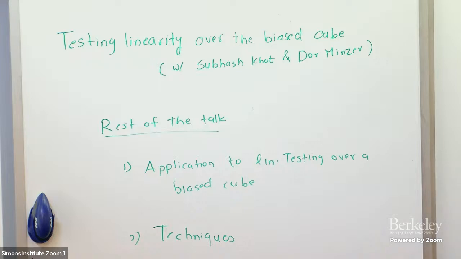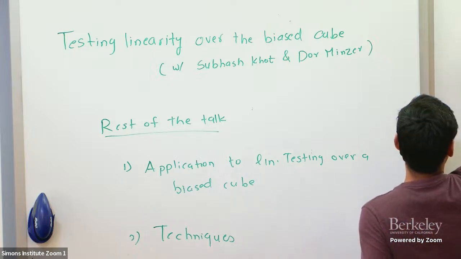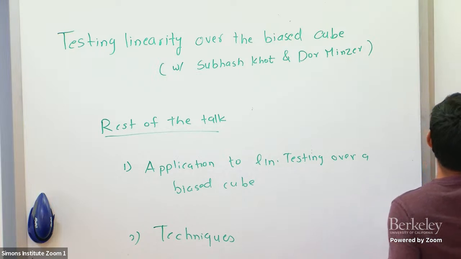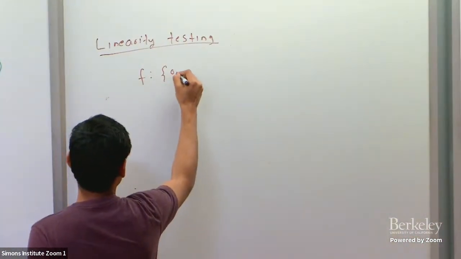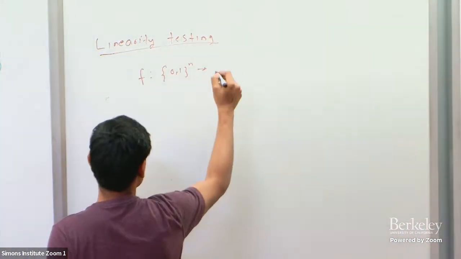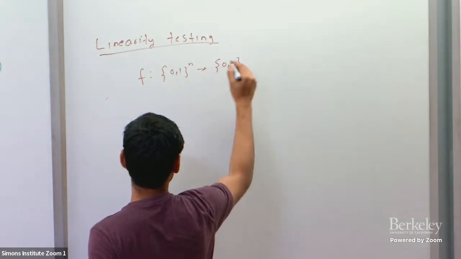So let me first define this problem of linearity testing, and let me tell you what was known and what is new. We are given this function f from {0,1}^n, and in this case, let me switch it back to 0, 1, the Boolean setting.